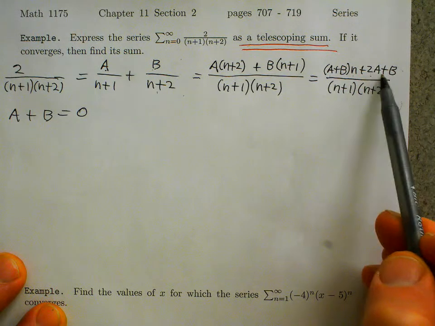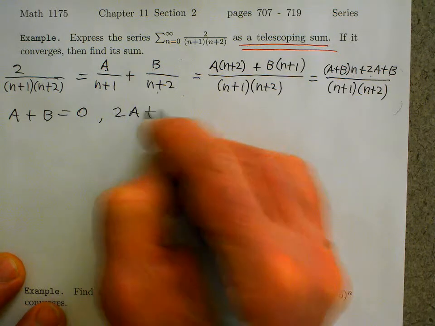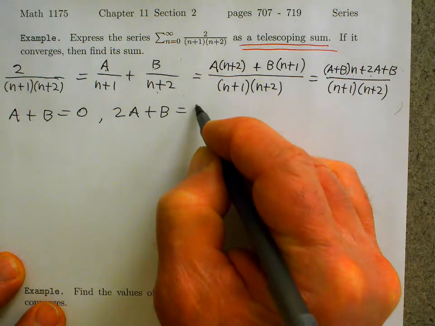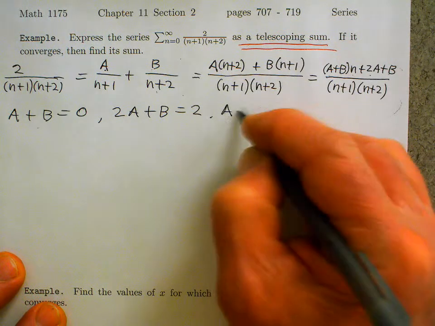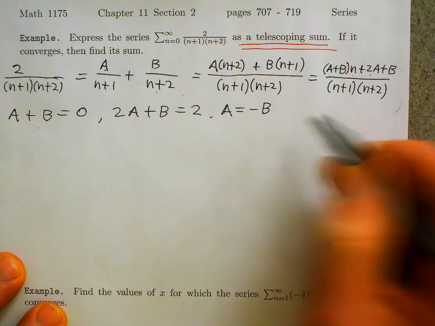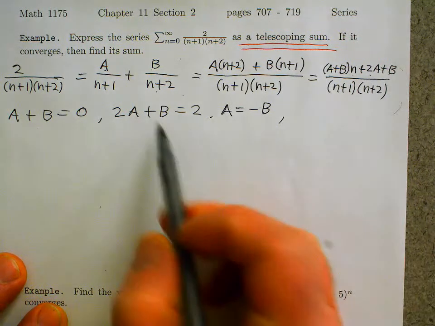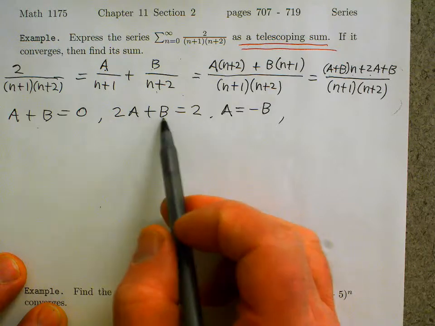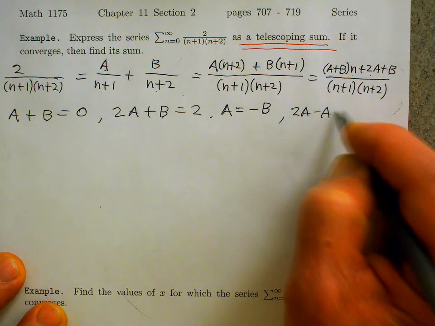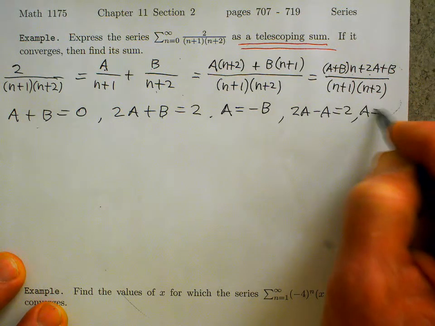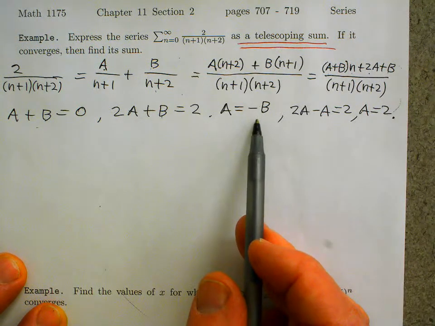And 2a plus b has to equal 2. So if a plus b is 0, a is equal to negative b, or b is equal to negative a. And if I replace b with minus a, I get 2a minus a equals 2, so a equals 2. And b is equal to negative 2.